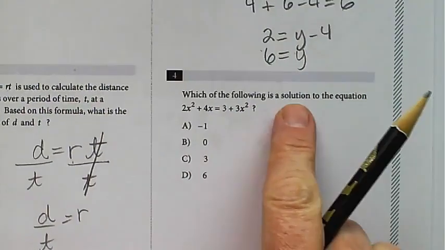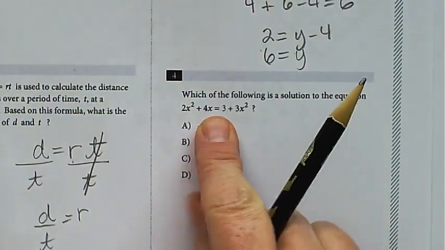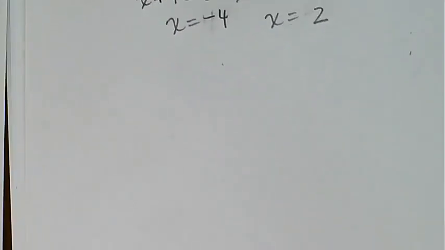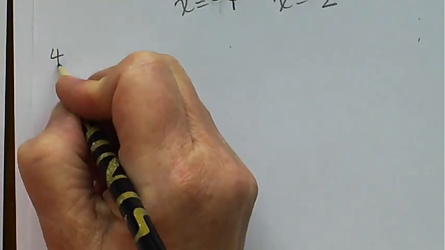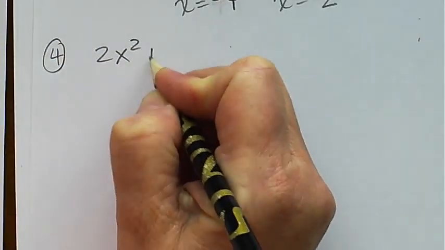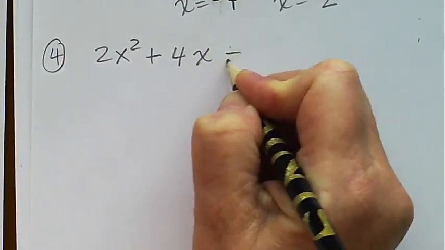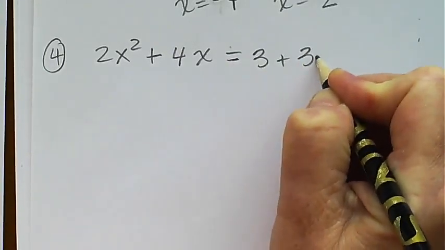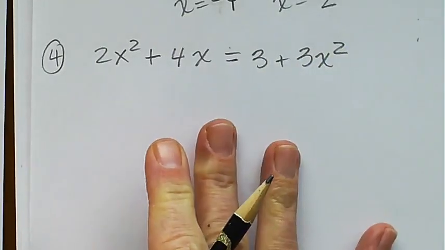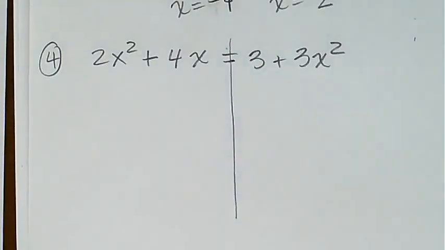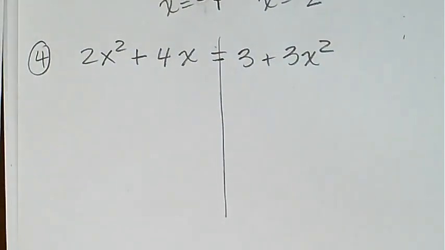Okay, number 4, which of the following is the solution to this equation? So another quadratic. Okay, so let's get all of our terms on one side of the equal sign.